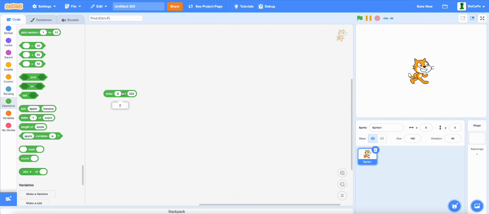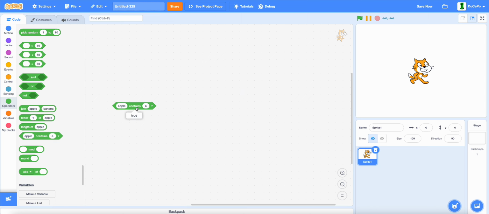Then we have length of, which tells how many digits or letters there are in one of these. And spaces do count. So if I place in a bunch of spaces, they count. This works with numbers and letters, or a combination as well.